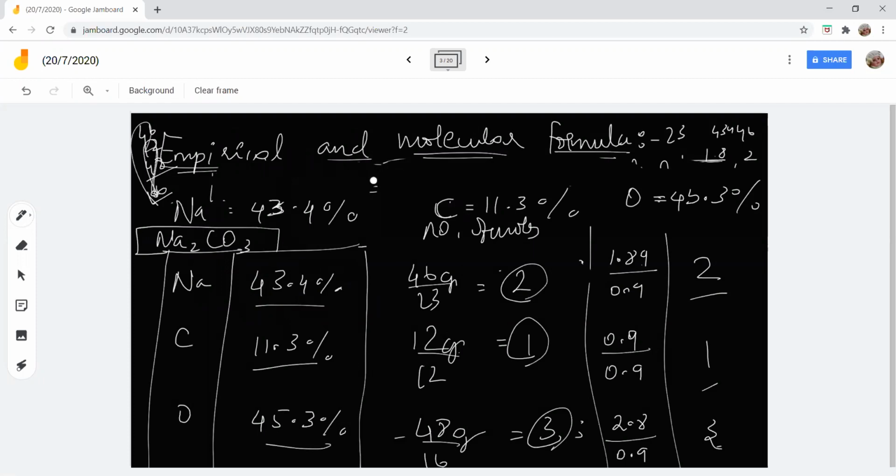So I should consider my own mass. Whatever mass you take, the simplest ratio between the number of moles will be the same. You understand what I am trying to say? If I take some 1020 grams, you will get the same ratio, like 20, 10 and 30. You understand, students?